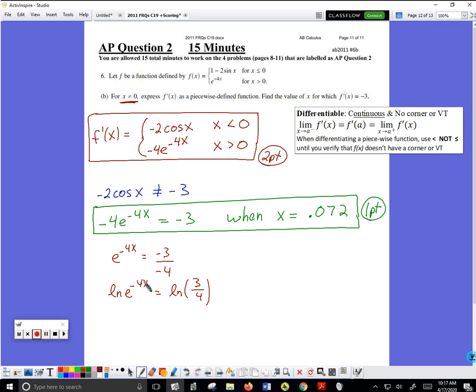Natural log of e to the something is just the something. And then finally divide by the negative 4. If you had this written on your paper, you don't have to show the steps. As long as you had that last statement here, that would also be worth the 1 point that you earned by doing the green. So 1 point for either the green or 1 point for doing it by hand.